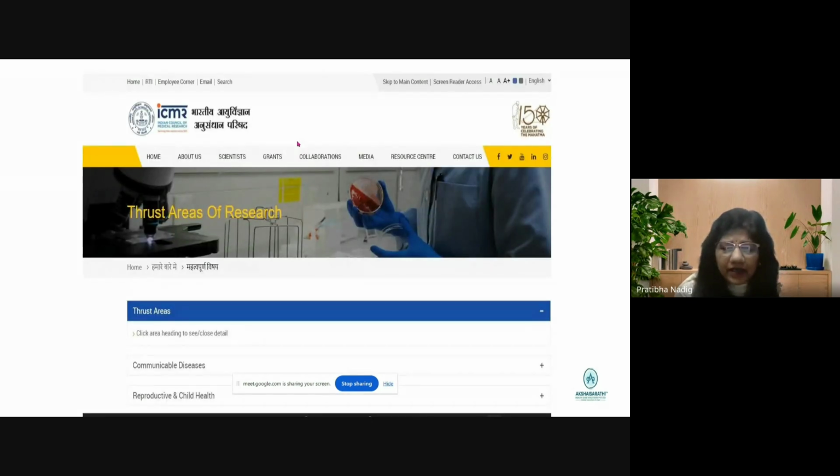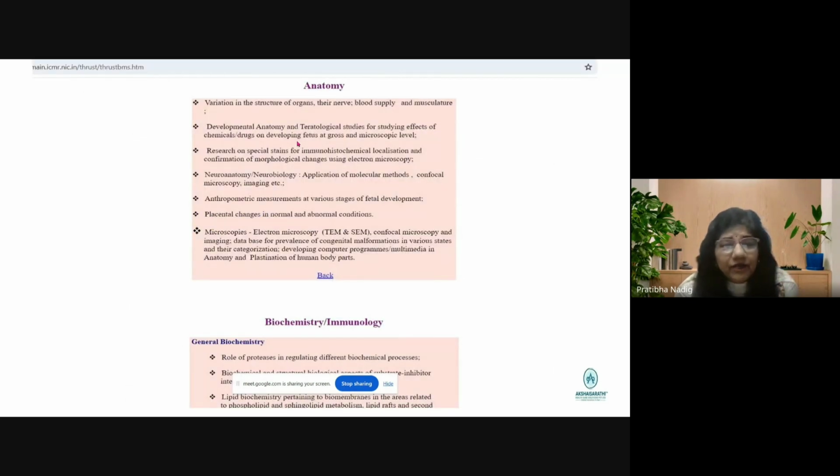They have identified areas in every subject. If you go through that website, anatomy also has some topics. These are topics. These are not the research ideas or research titles. These are the areas. From here, you have to derive your proper research project, right?